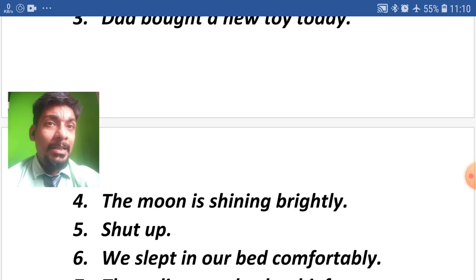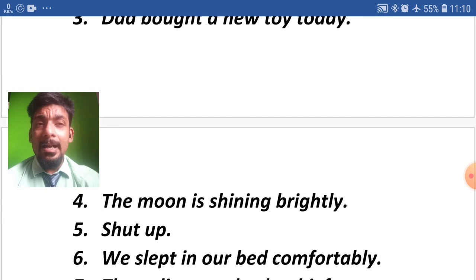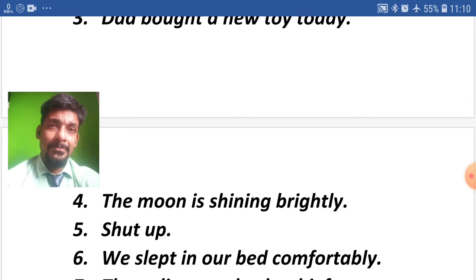But is comes under the category of helping verb or be verb, and shining comes under the category of main verb. And right from is till brightly, they make the predicate. Why? Because this sentence contains is shining, which is a verb, and brightly, which is the object. And verb and object, we all know, together make the predicate.